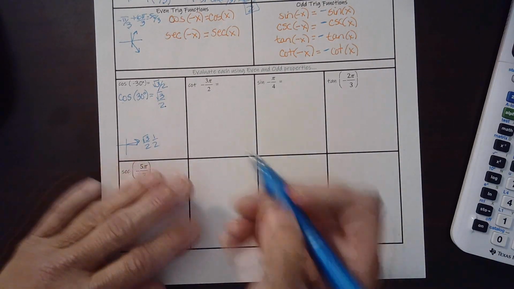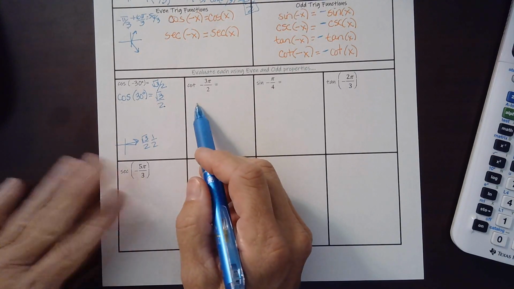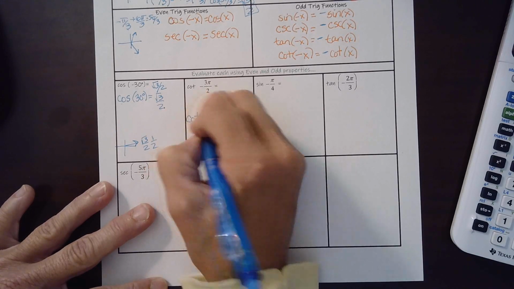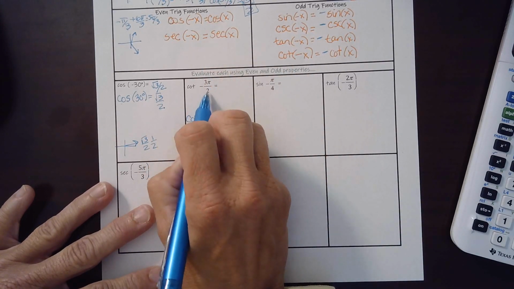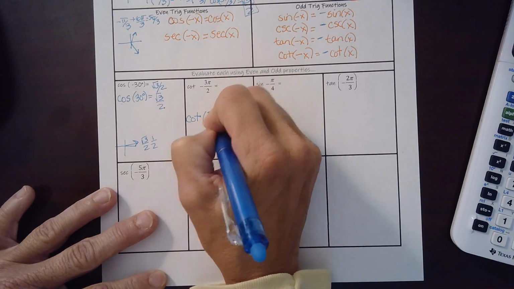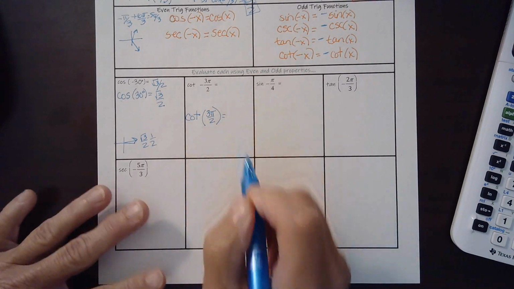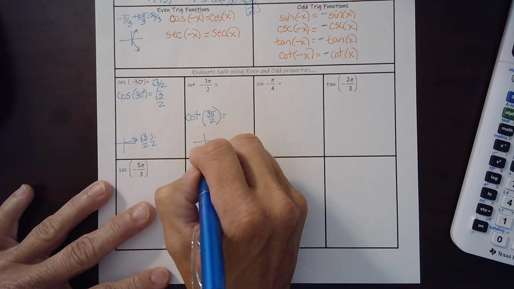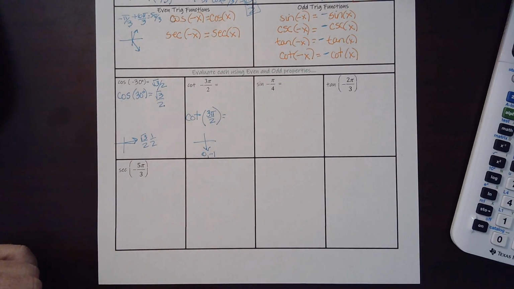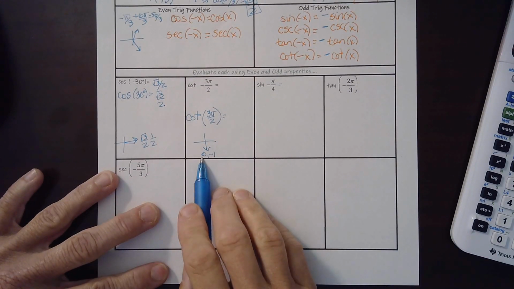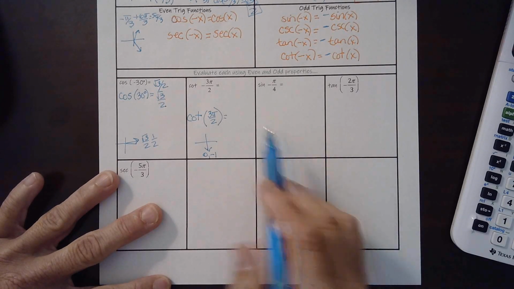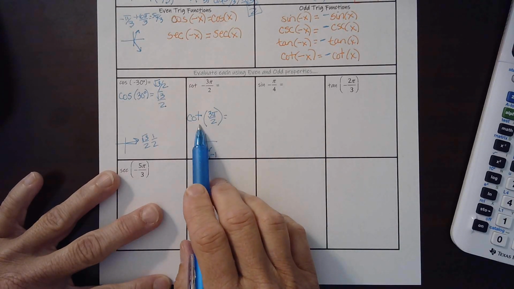Cotangent. Cotangent is an odd function, but I still want to evaluate cotangent at negative 3 pi over 2's partner. And that partner is 3 pi over 2. Okay, let's figure out where 3 pi over 2 is. It is here, and the ordered pair is 0, negative 1. Cotangent is the reciprocal of tangent.